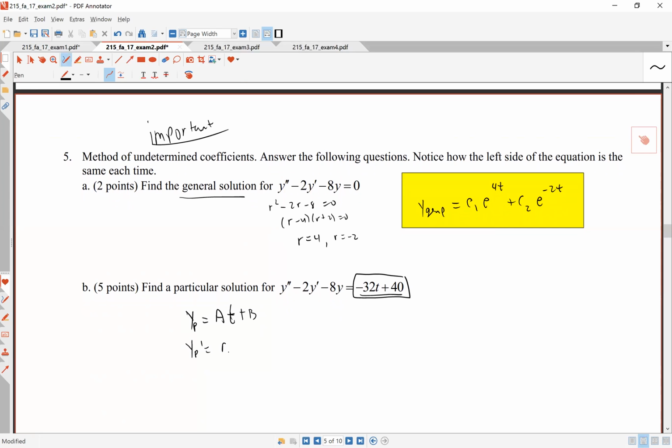yp prime is a, yp double prime is 0. Plugging that into y double prime minus 2y prime minus 8y equals negative 32t plus 40, we have 0 minus 2a minus 8 times (at plus b).